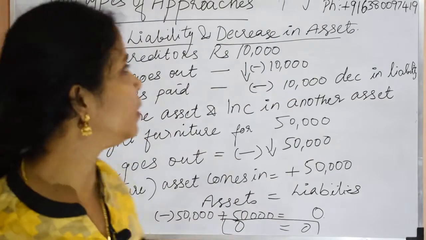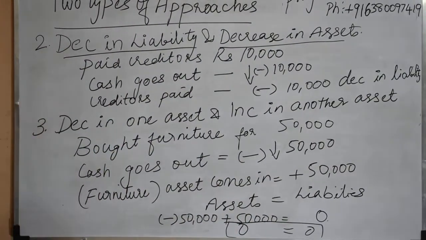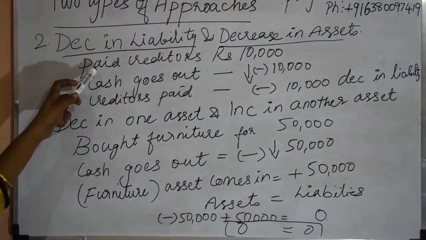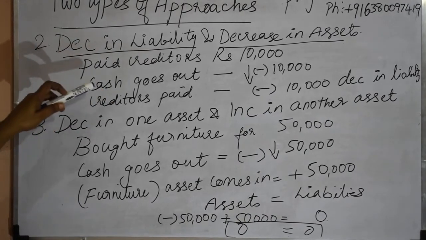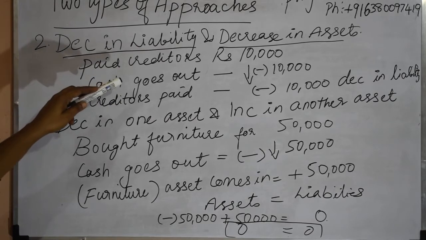The next equation is the decrease in liability and the decrease in the asset. Here the owner is paying the creditors 10,000, which means he is paying cash to the creditors.